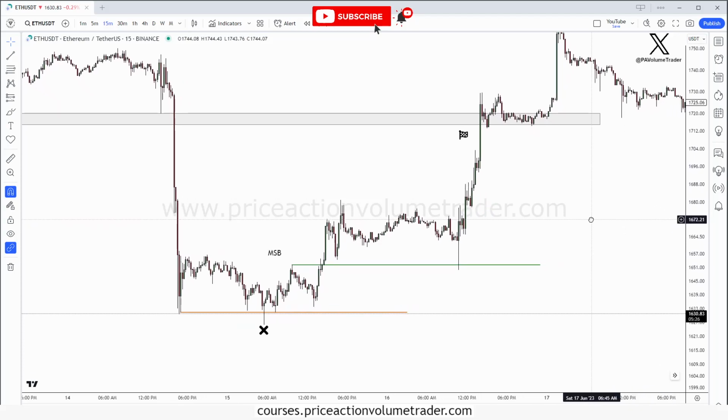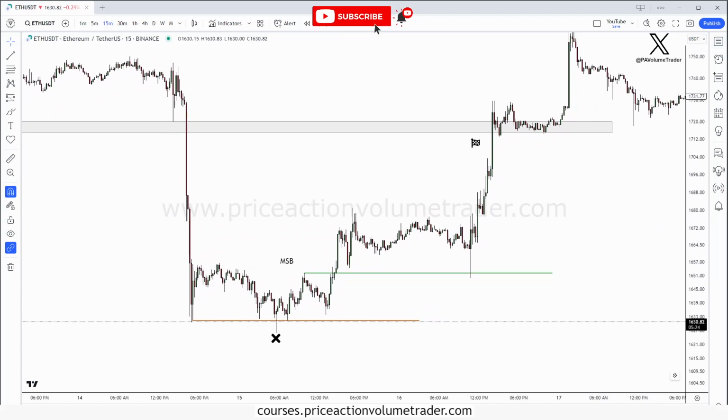And you can see right here, again, let's go over all the steps of what happened in this scenario. We had the very impulsive move. We had the low here, and again, these moves are very dangerous to trade, because you have people that are either chasing this trade, trying to short right here at the low, and then they get squeezed, or you have people that are trying to long all the way down on this move and just getting completely liquidated, because you cannot predict where the market is going to stop.